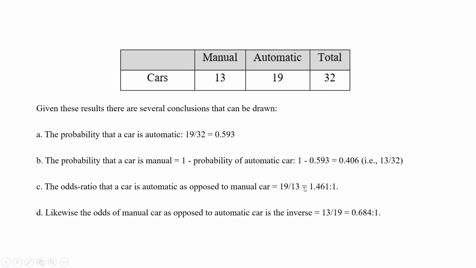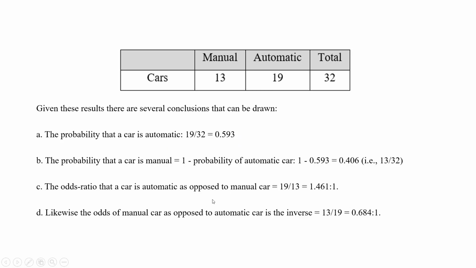Now if I manually do some calculations, there are a total of 32 cars, manual is 13 and automatic is 19. The probability that the car is automatic is 19 divided by 32, so I get this number as 0.593. The probability that the car is manual is 1 minus 0.593, which is 0.406. Probability of success, probability of failure.